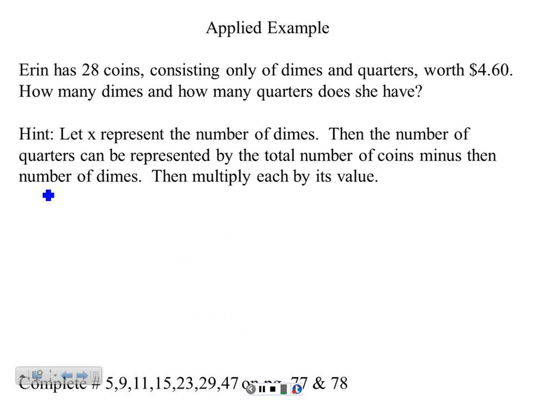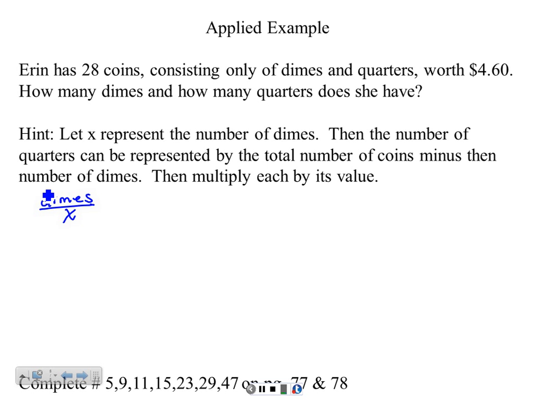Alright, the last problem we're going to do is going to be an applied problem, and this is called a coin problem. It says Aaron has 28 coins consisting only of dimes and quarters, and these coins are worth $4.60. So how many dimes and how many quarters does she have? And I gave you a hint. It says to let x represent the number of dimes, so dimes is going to be x.